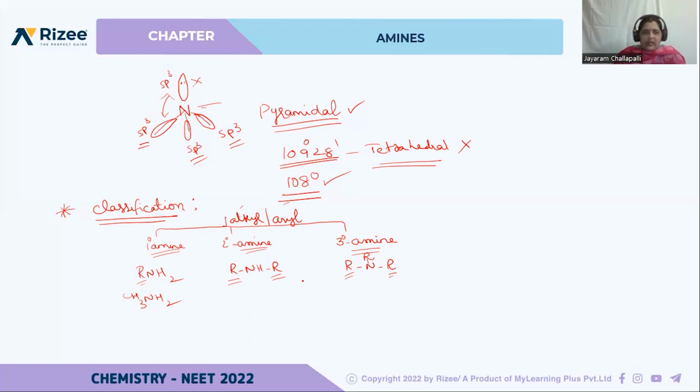We'll see that one later on. So the basic classification is this one. Amines are classified into three types: primary amines, secondary amines, tertiary amines. The alkyl amines or aryl amines, the same thing is going to happen.